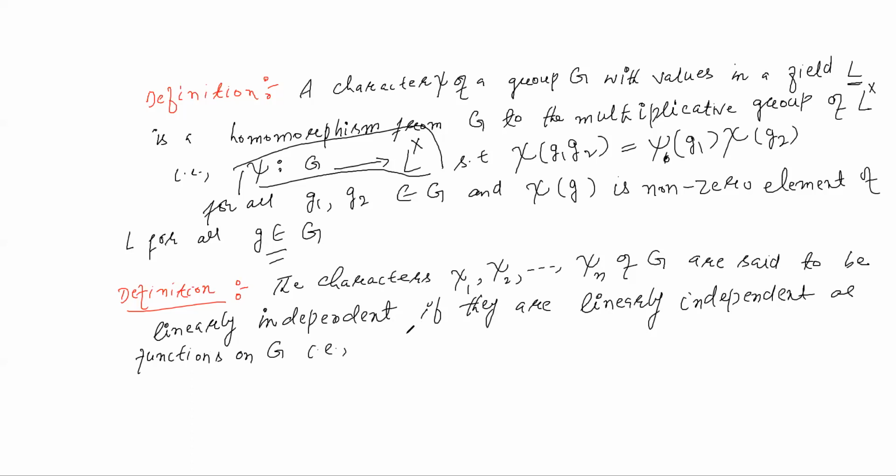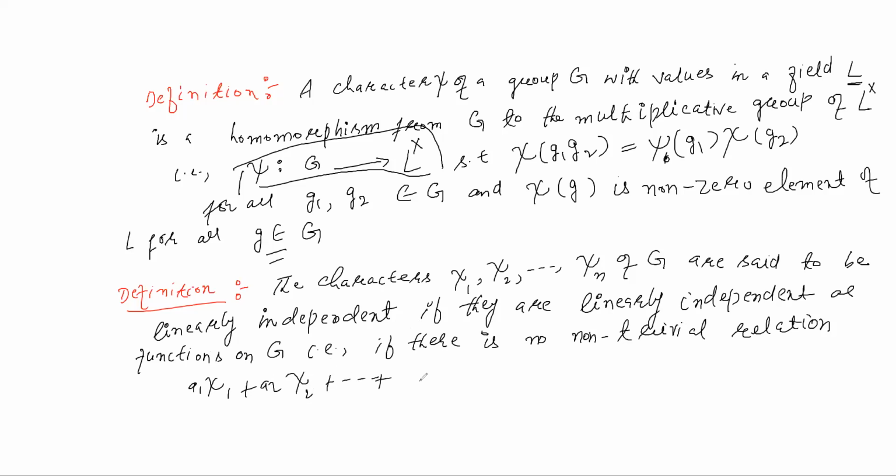That is to say, if there is no non-trivial relation a1 chi1 plus a2 chi2 plus so on plus an chi n equal to 0.